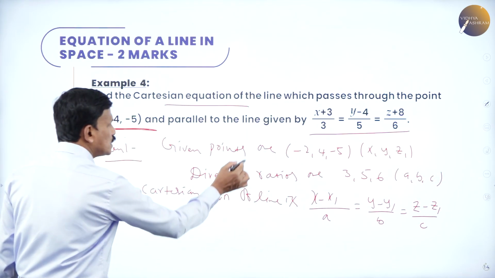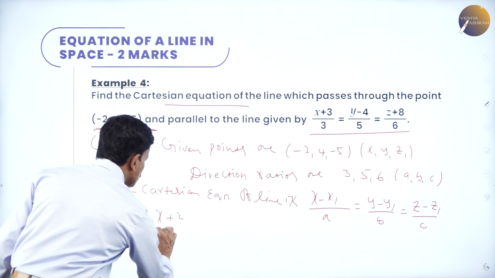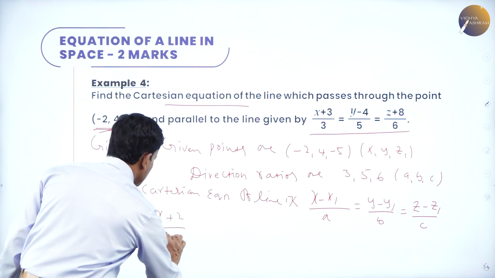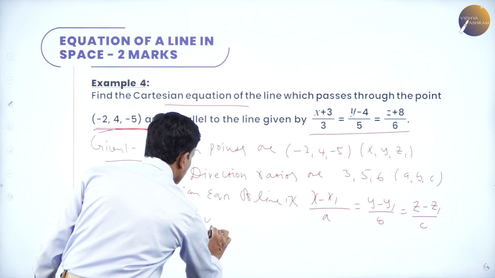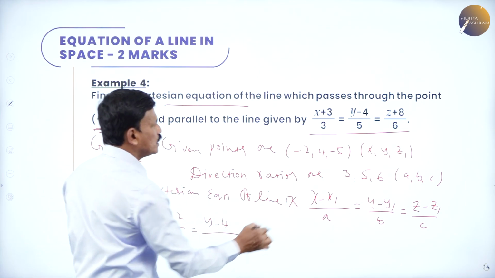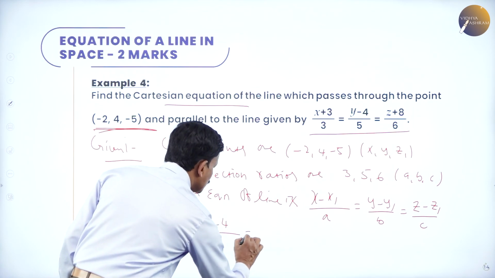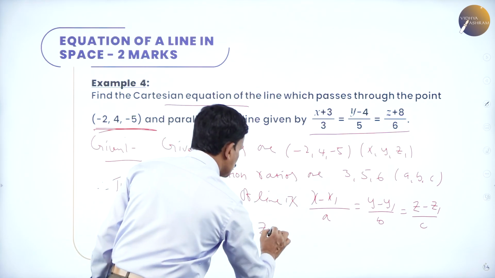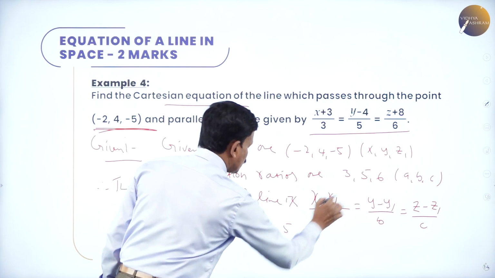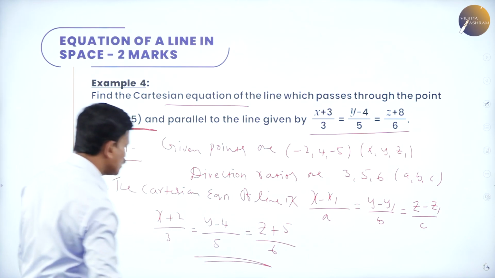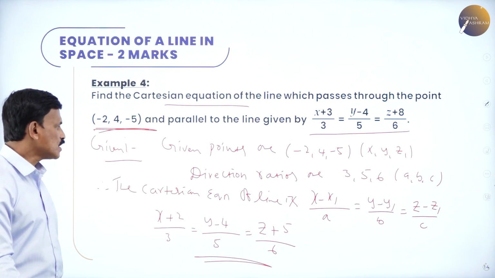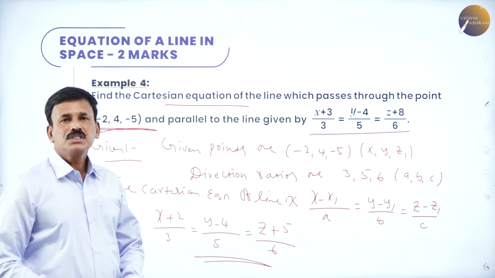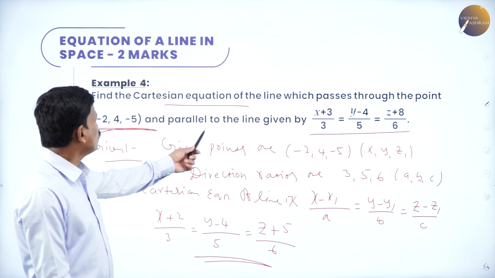Substituting here, x minus into minus 2, that is x plus 2, divided by a which is 3, is equal to y minus 4 divided by b which is 5, is equal to z plus 5 divided by 6. This is the required answer: x plus 2 by 3, y minus 4 by 5 is equal to z plus 5 by 6. So this is the required equation, parallel to the given line.